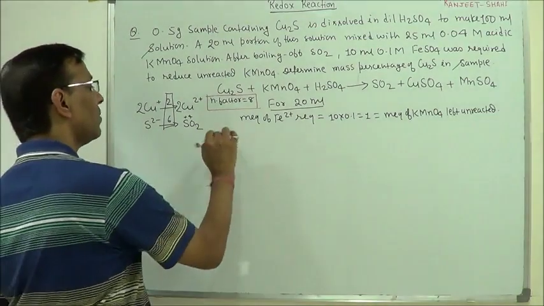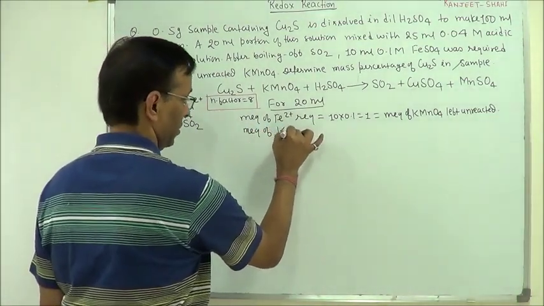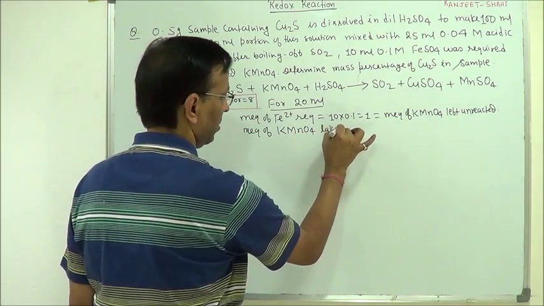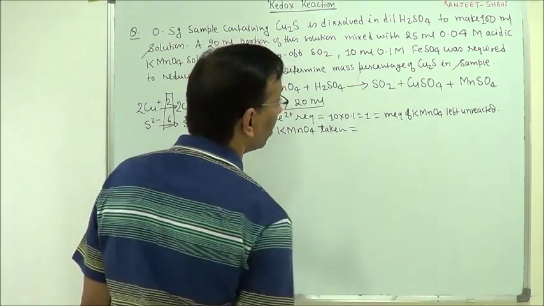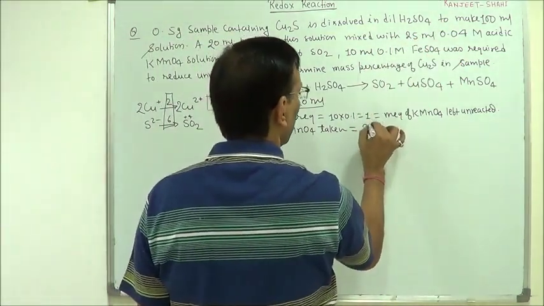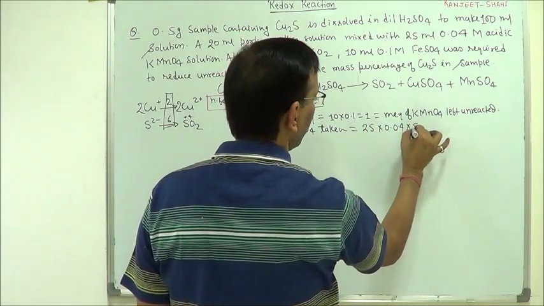The milliequivalent of potassium permanganate taken initially is 25 into 0.04 into 5, the N factor.